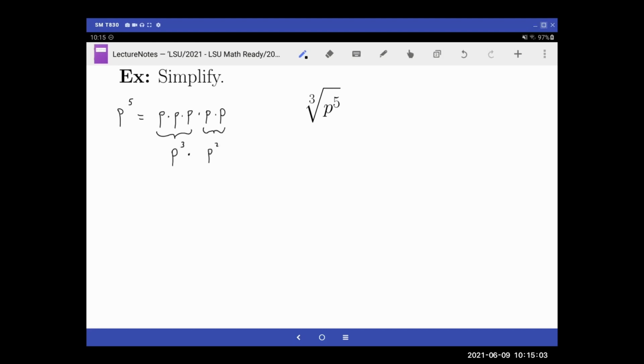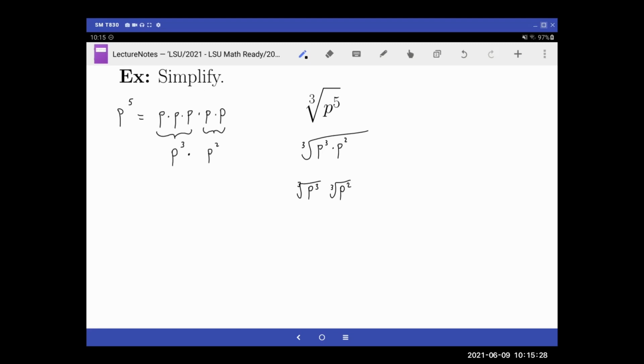I group those together, that's p to the 2nd power. Okay, so that group of 3 is how I should use that group of 3 to break up this. Well, if I break it up, I can always break it into 2 pieces, like in the previous problem.